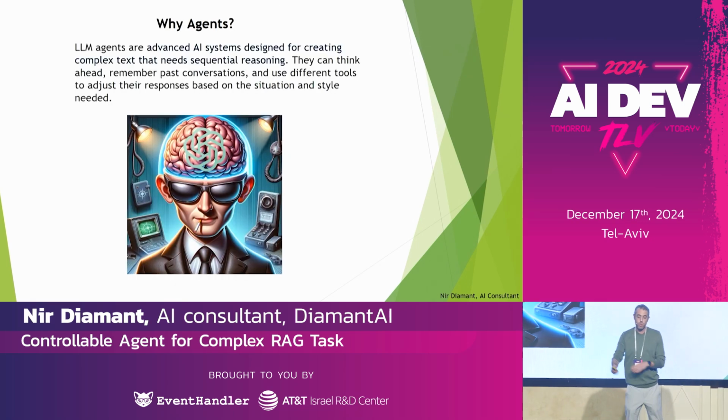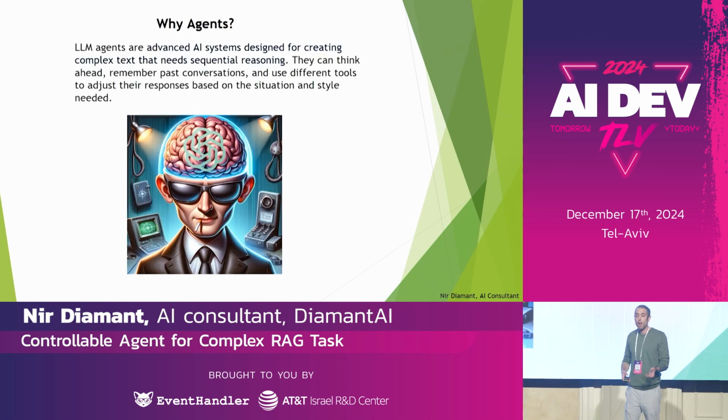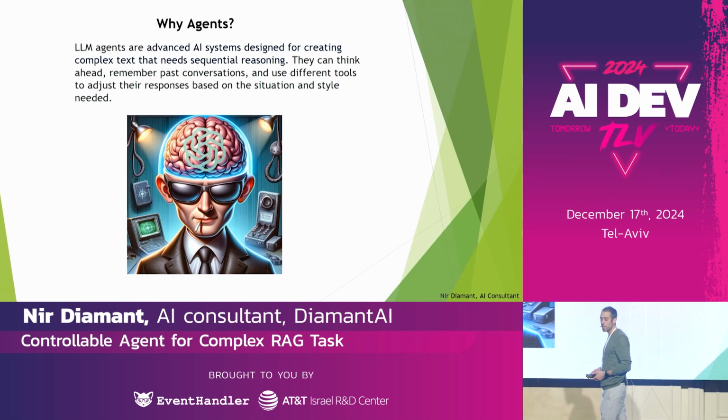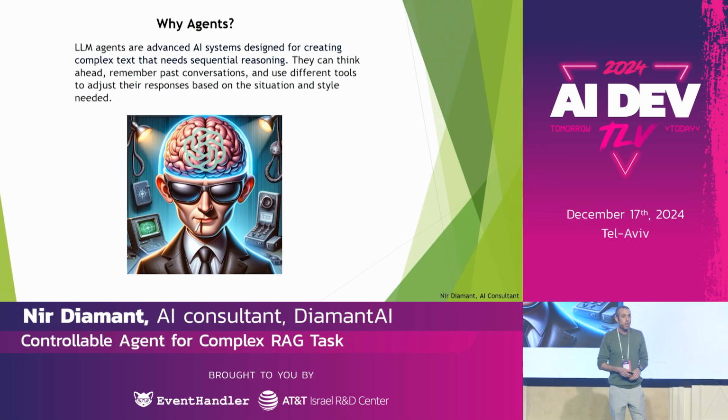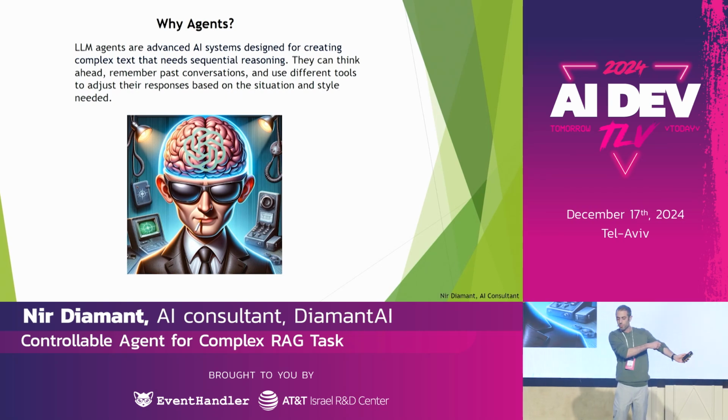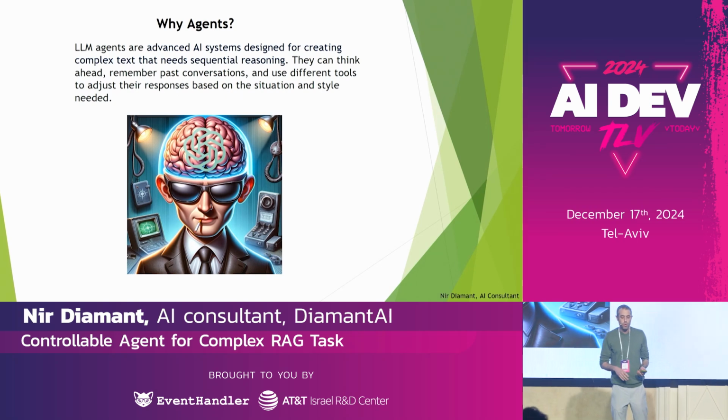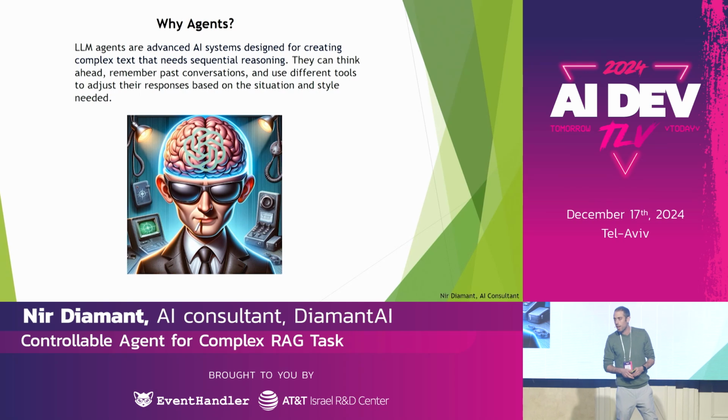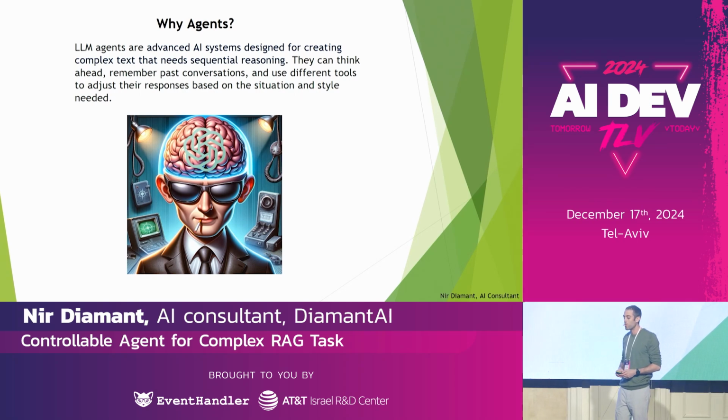Great. Agents. What are agents? LLM agents are advanced AI systems designed for complex tasks that need sequential reasoning. They can think ahead, remember past conversations, and use different tools to adjust their responses based on the situation and style needed.